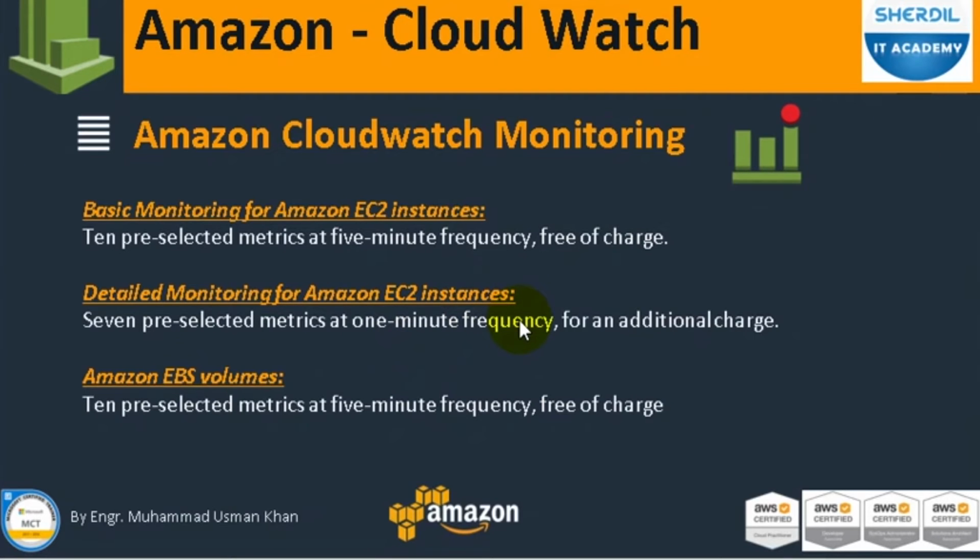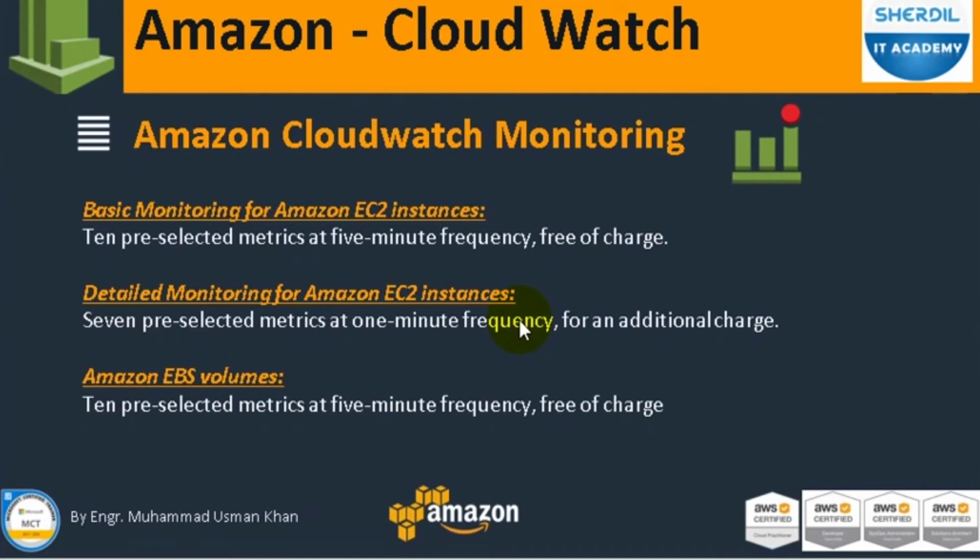So basic monitoring, like I said, normally has 10 pre-selected metrics in the EC2 instance. Prior it was 7, now it's 10. It has a 5-minute frequency and is free of charge. Always remember one thing: whenever we talk about basic monitoring, that means it's free of charge and has a 5-minute interval.